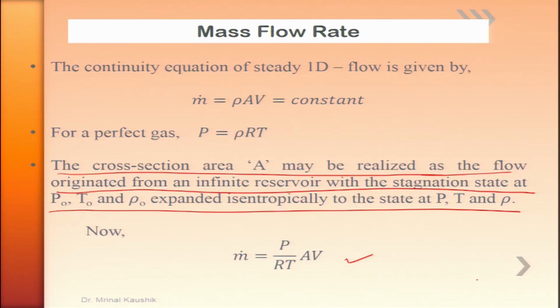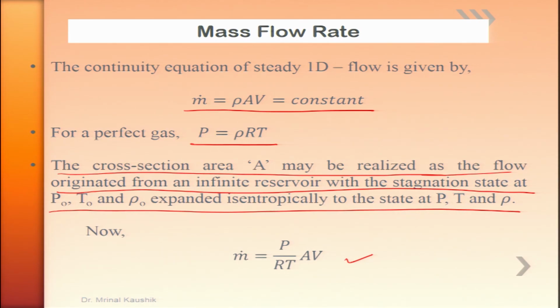Therefore, from the continuity equation, m dot equal to rho A V is constant, and considering a perfect gas, P equal to rho R T. Now, you need to realize that from a stagnation state of P naught, T naught, rho naught, we are expanding the flow to P, rho and T, that is from stagnation to static condition, and we are willing to obtain the mass flow rate.